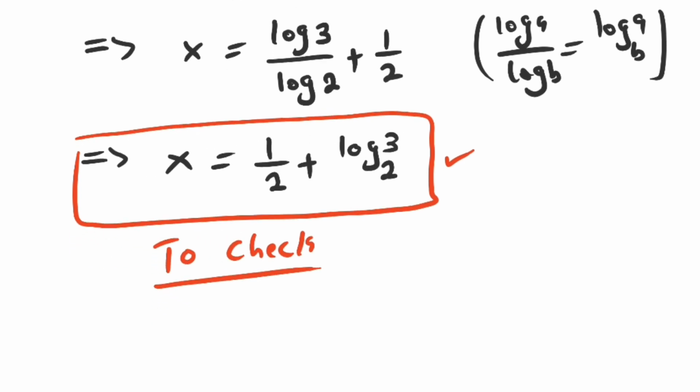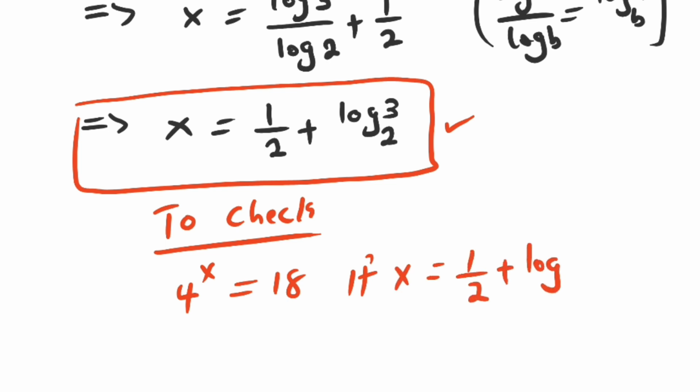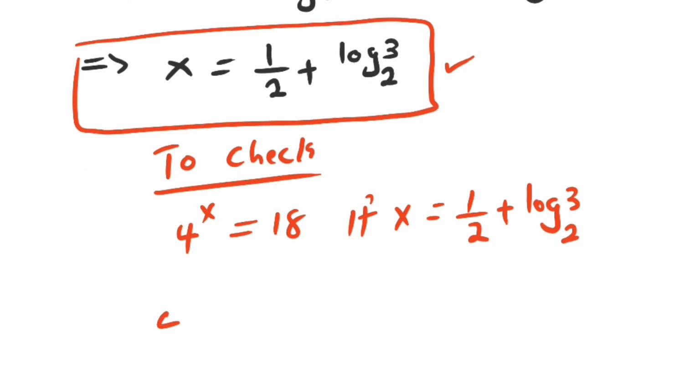To check, we have the given equation 4 raised to power x is equal to 18. Then if x is equal to 1 over 2 plus log 3 base 2, this is 4 raised to power 1 over 2 plus log 3 base 2 must be equal to 18.